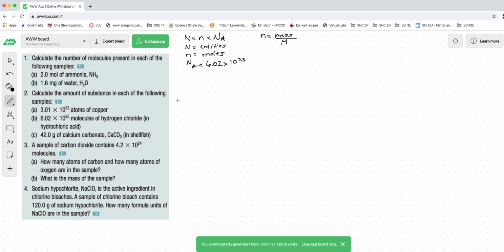I would write down what you know, which is the mass. Our molar mass we can always calculate.